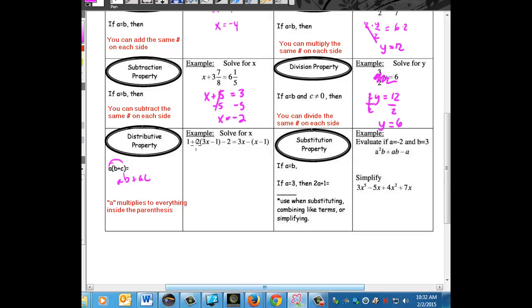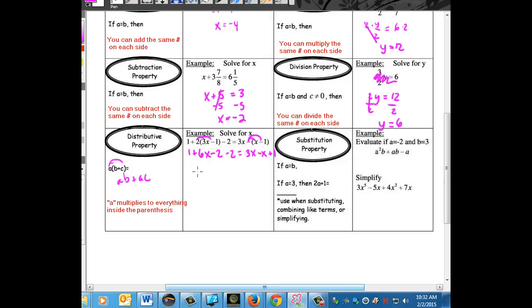So what it looks like when we solve a problem in algebra, again, I'm not allowed to say that 1 plus 2 is 3. I first have to times 2 all the way through. And that's using the distributive property. So that's 1 plus 6x minus 2 equals 3x, and then distribute this negative sign through, minus x, negative times negative is positive 1.